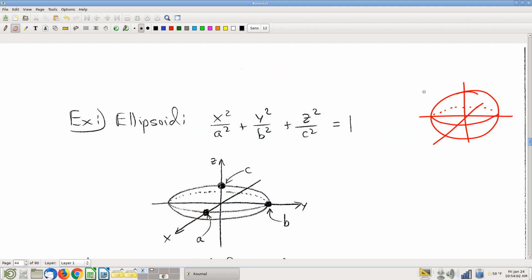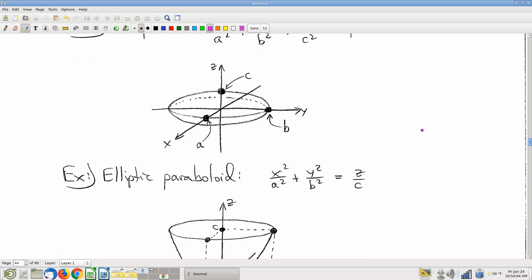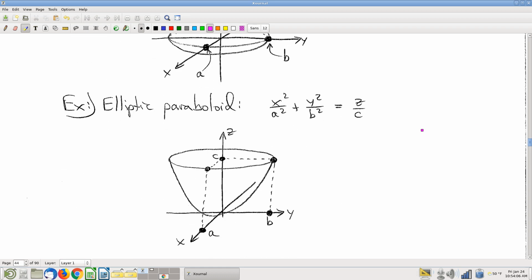All right. More examples. No surprise, you can see a paraboloid equation hiding inside of this equation. It's tempting to call it a paraboloid, but it is different. You can persuade yourself that this is what you get when you stretch by a factor of a in the x direction, by a factor of b in the y direction, and by a factor of c in the z direction.